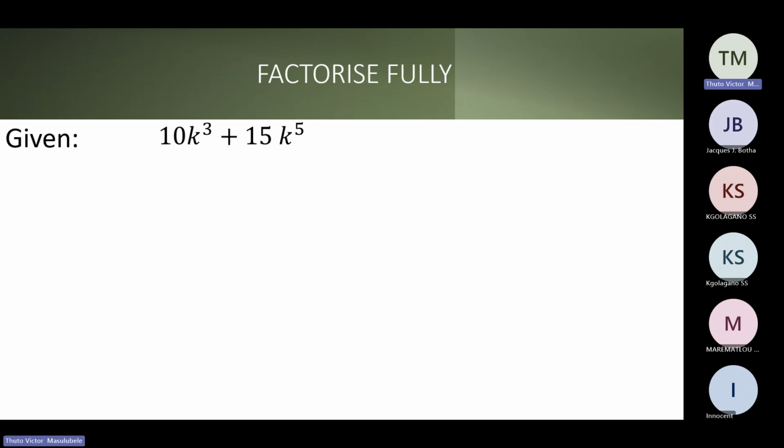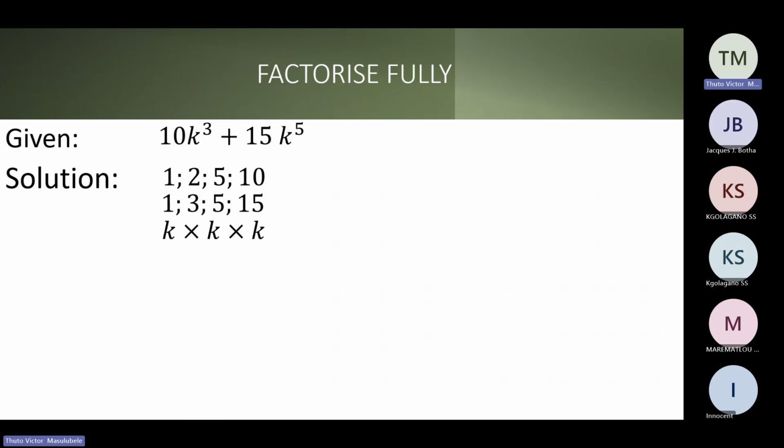To start with, we first list down the factors of 10. The factors of 10 are 1, 2, 5, and 10. And what are the factors of 15? That's 1, 3, 5, and 15. Now, what is the highest common factor in both? We realize that it is 5.